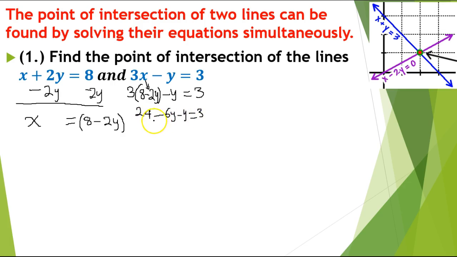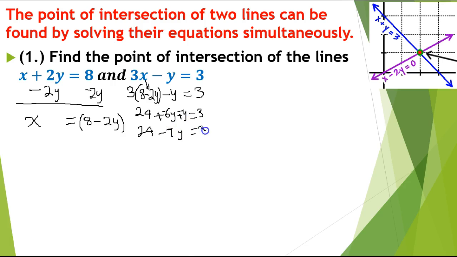Now we collect like terms. Keep 24. We have negative 6y plus negative y. You can write it as negative 6y plus negative y. They are both like terms. So you have negative 7y.